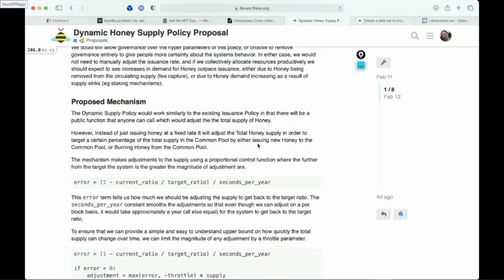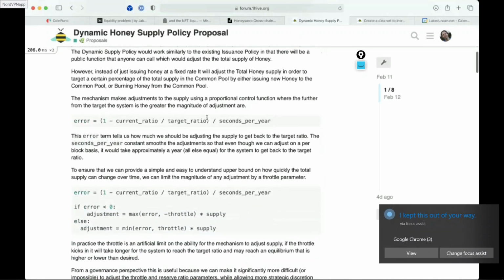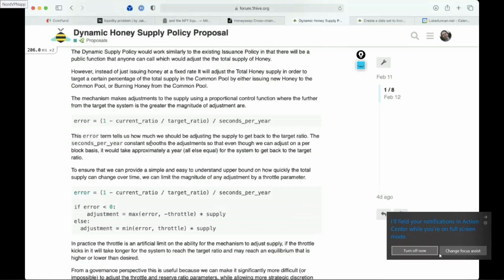We simulated a possible relationship between price and productivity of proposals, creating inflows. And we came up with a policy for adapting the supply based on a target reserve ratio.